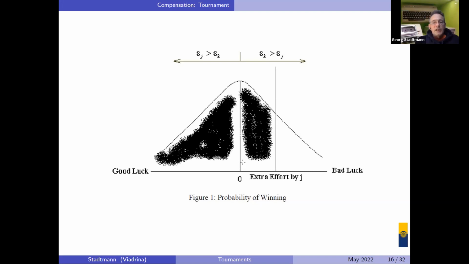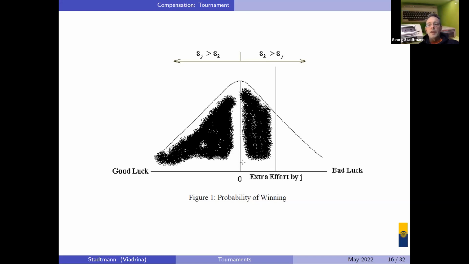Is this vertical line in the end important? No, the vertical line, which is labeled extra effort by J, is not important. At least the position of this line is not important. It is not important because we will model the two athletes in a way that the two athletes are the same. The two athletes are symmetric.